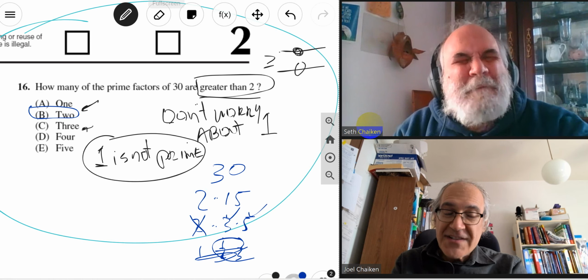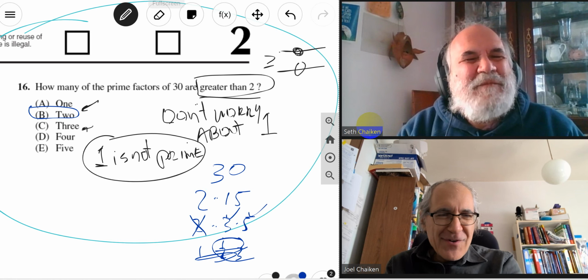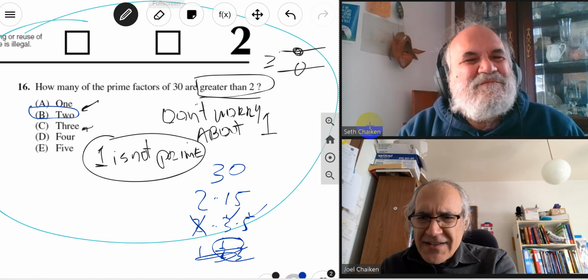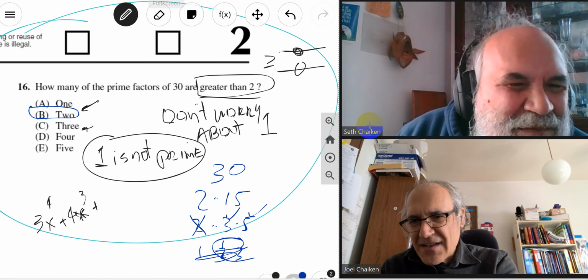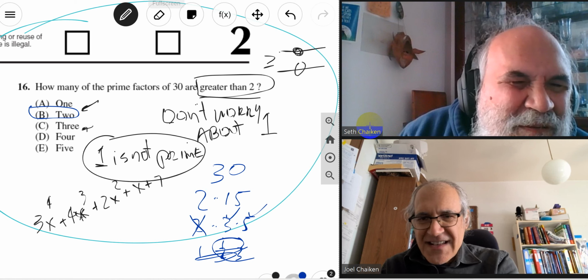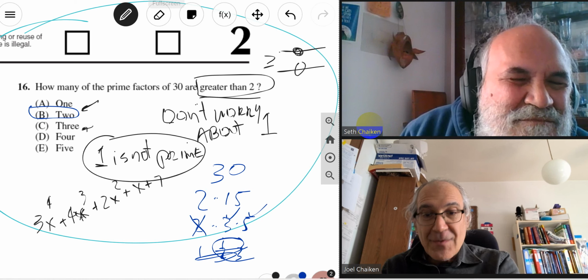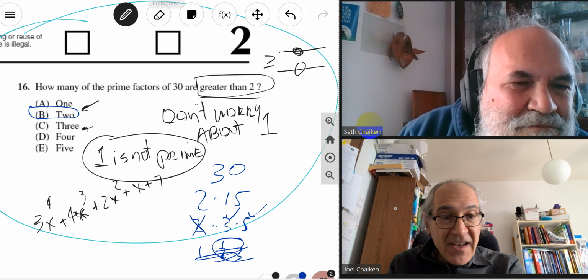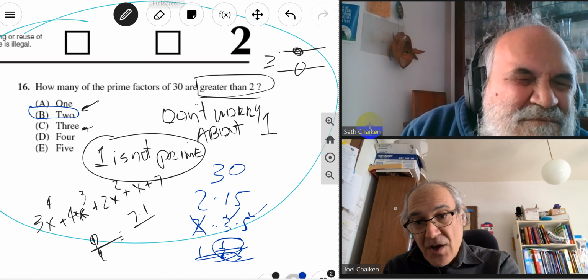For those of you who are taking 11th grade math, maybe even pre-calc, there's that theorem that Seth knows how to prove. I have no idea how to do it. If you have 3x to the 4th plus 4x cubed plus 2x squared plus x plus 7, there's this thing, the rational roots theorem, which says that if there's a rational root, then you're guaranteed it's going to be something like P over Q, which are the factors of 7 and the factors of 3.